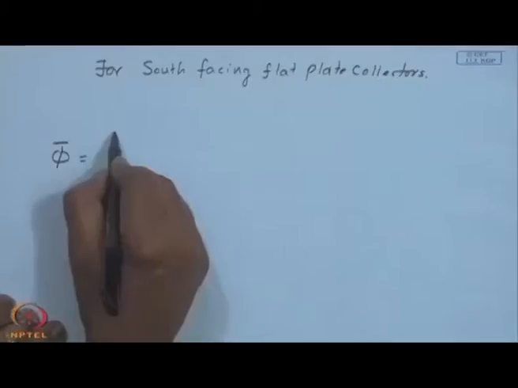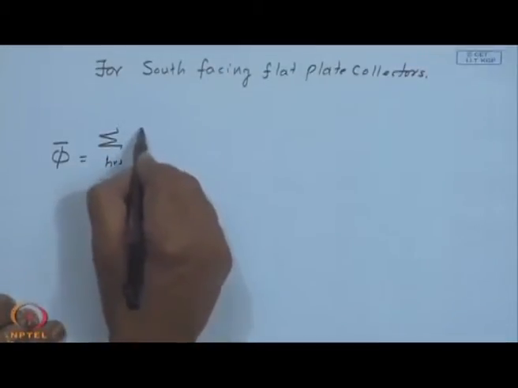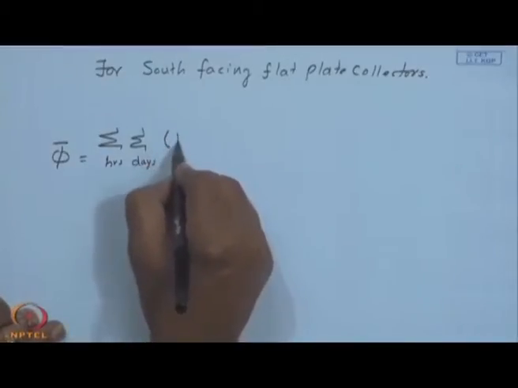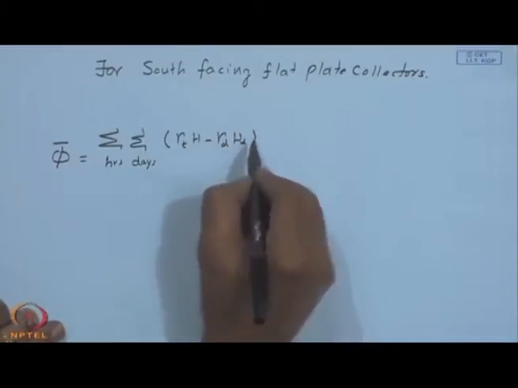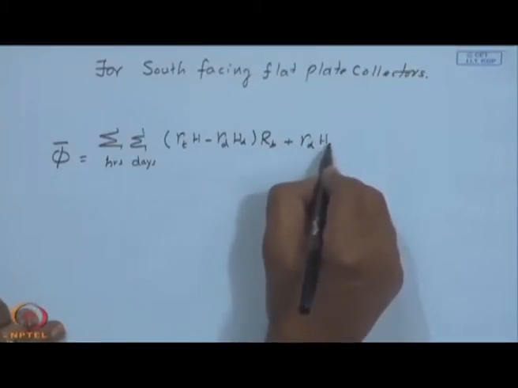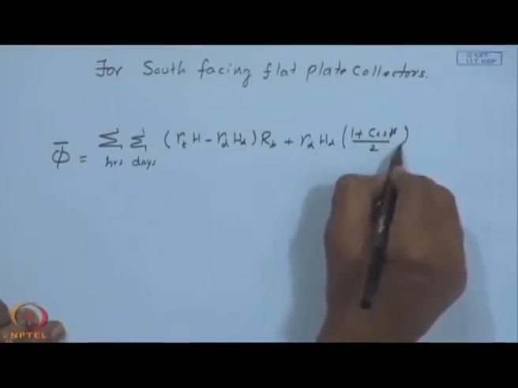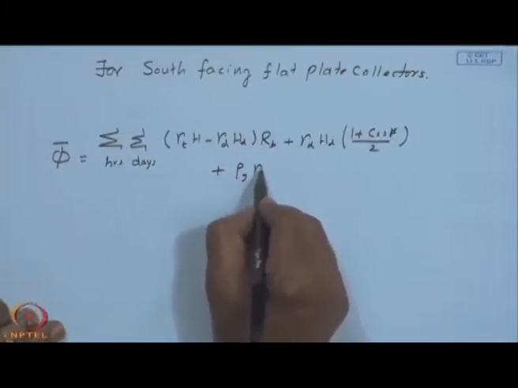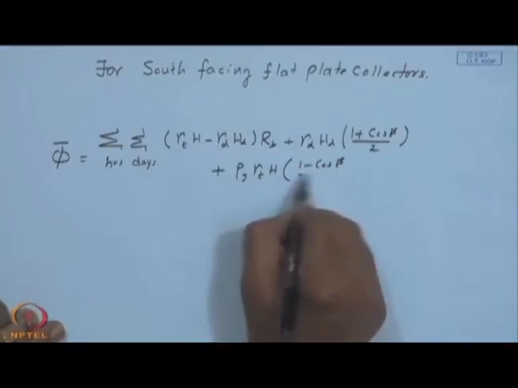However, I shall write it down here: summation over hours, over days, R t into h minus R d into h d times R b plus R d h d times 1 plus cos beta by 2, then plus rho g r t into h into 1 minus cos beta by 2.